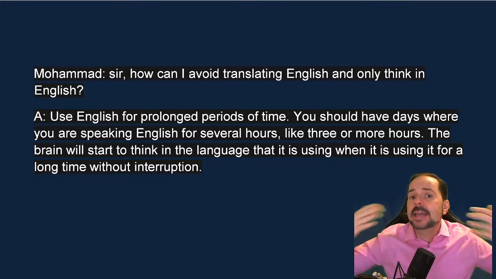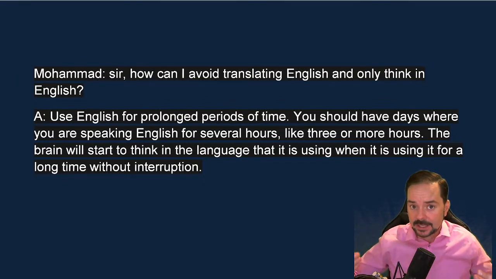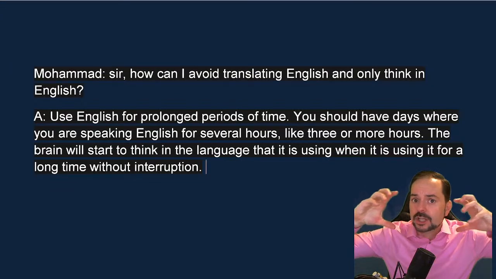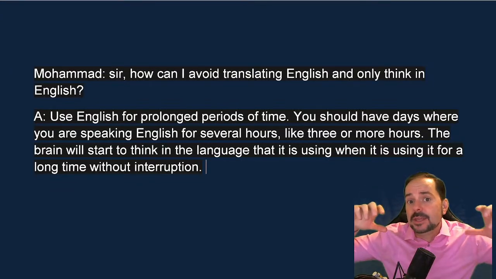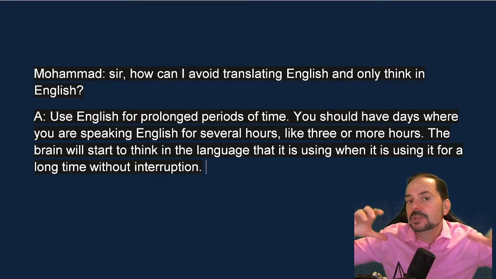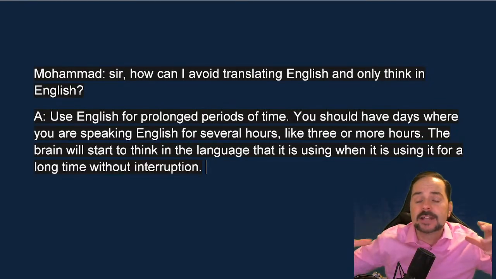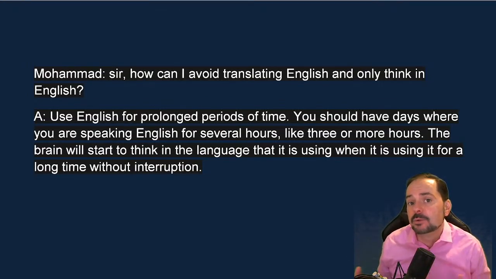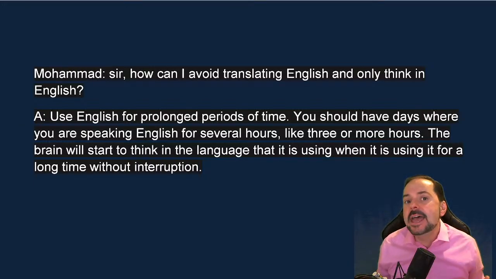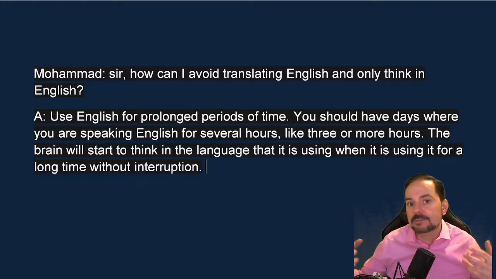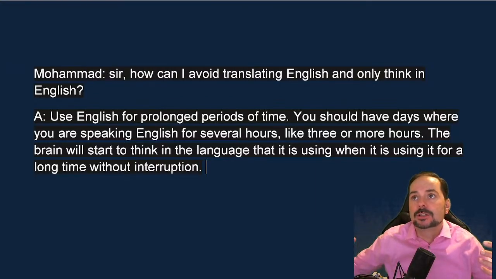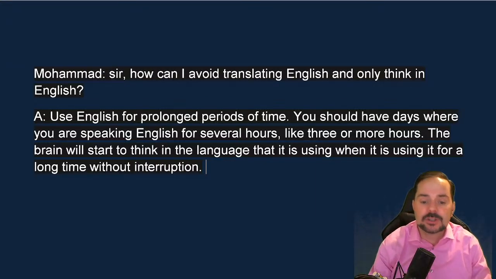But if you stay in English and keep talking in English, eventually the brain will start to adjust and adapt. The brain is an adapting machine, but you have to give it a chance to adapt. A language is very complex, so it can't adapt within 10 minutes. It has to stay in the language for hours, and then it will start to automate, because you're switching your brain to automation. So that's the answer there, Mohammed.